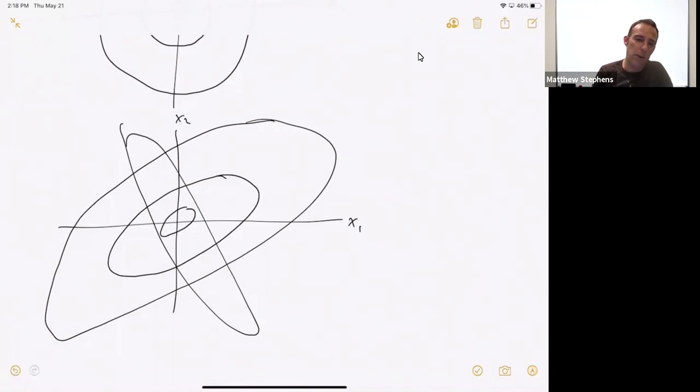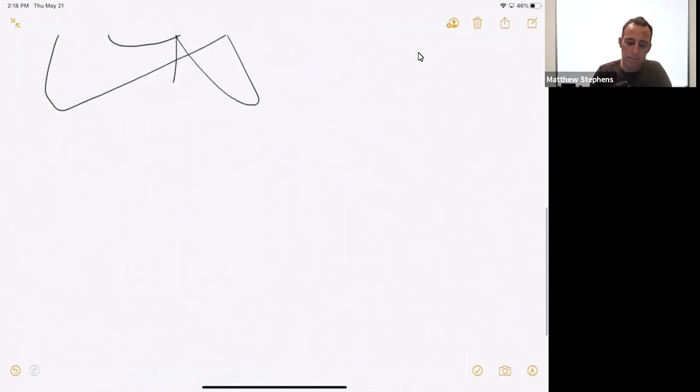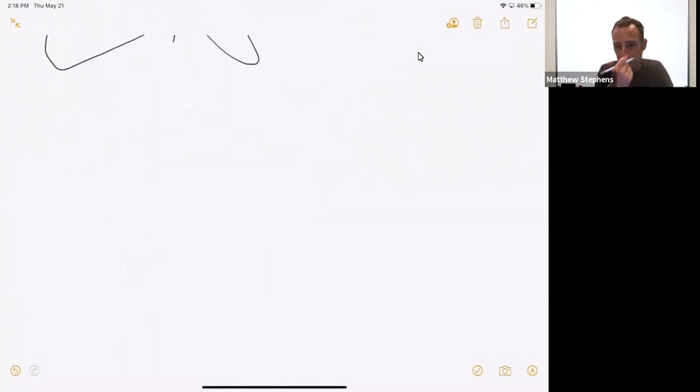But what I want to focus on is what it looks like in higher dimensions. So let's suppose that x is multivariate normal in p dimensions, with some mean vector mu and some variance sigma.